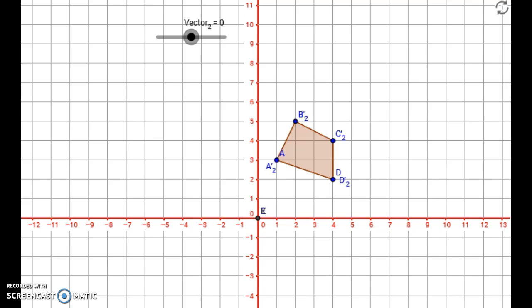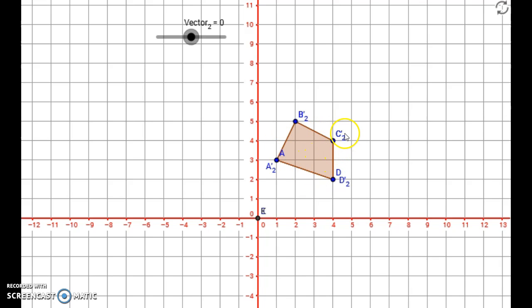When the object moves up, it moves in the positive direction. But if the object or pre-image moves down, it moves in the negative direction.